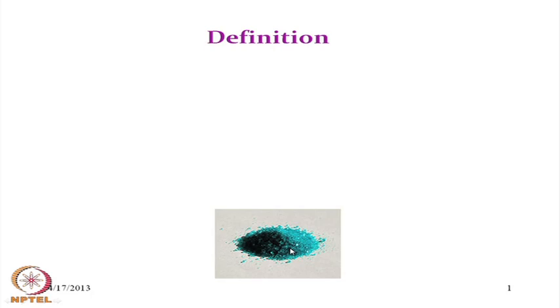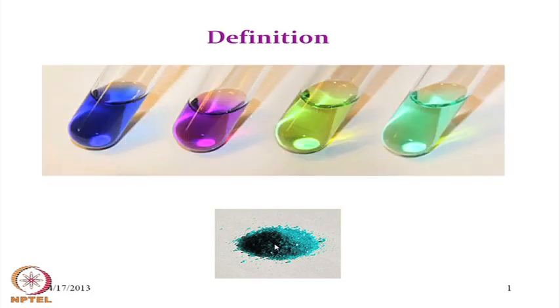If this salt is in our hand and we try to make a solution like our iron solution, it is not a typical iron salt or copper salt or any other metal salt, but it is colored. We all know which salts can be colored. It cannot be potassium chloride, it cannot be sodium chloride. So definitely it is a typical salt which can give rise to color in our system.